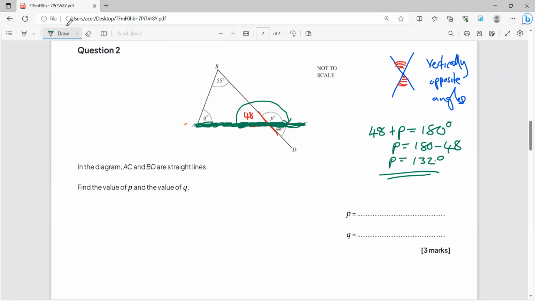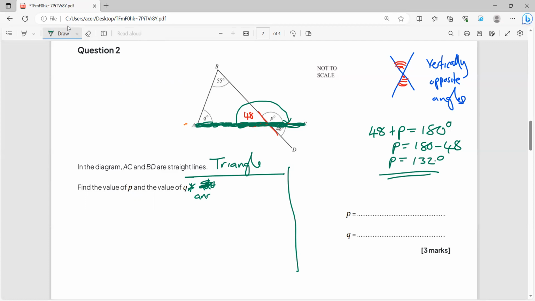Now, when it comes to finding Q, there are two ways in which you can do that. The first way is to use the triangle. All angles in a triangle add up to 180.